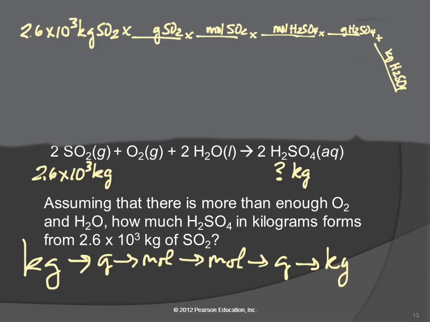Okay, so I rewrote it so that we can get it all on the screen. So that's the units from the path: kilograms to grams to moles to moles to grams to kilograms. And now we put the previous unit in the denominator.